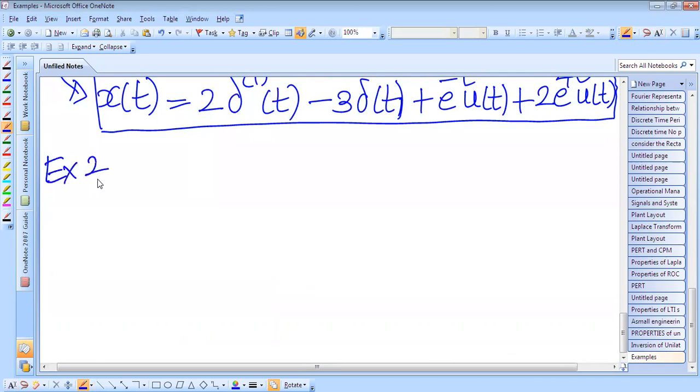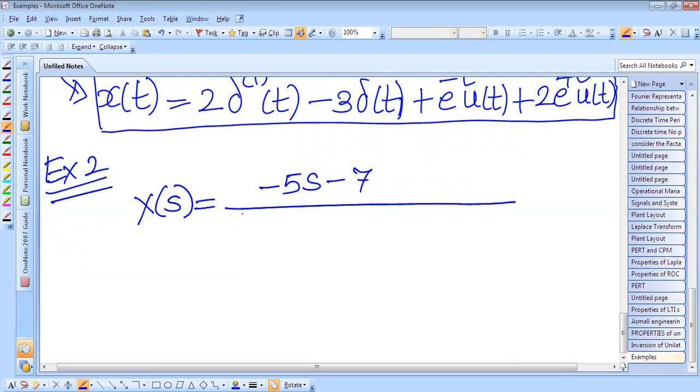Second example, example 2. Now X(s) is equal to minus 5s minus 7 divided by (s plus 1)(s minus 1)(s plus 2).